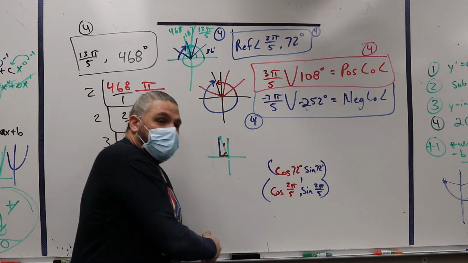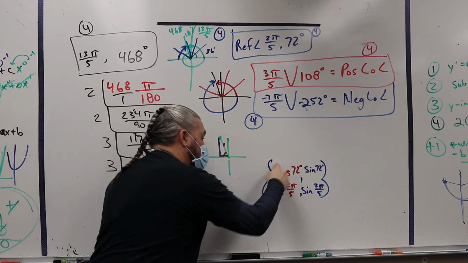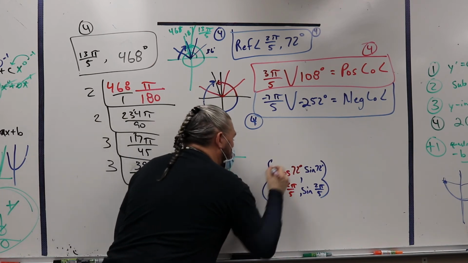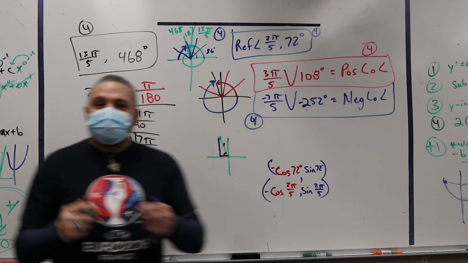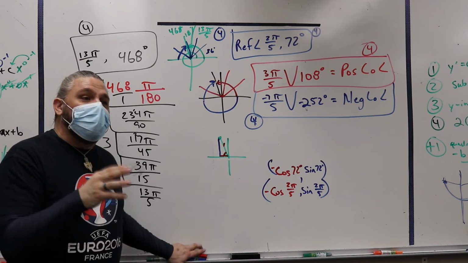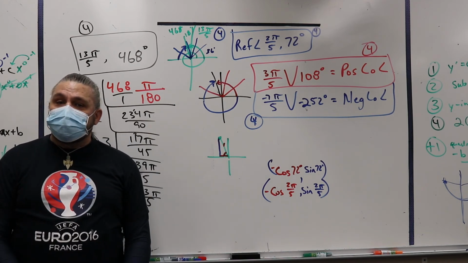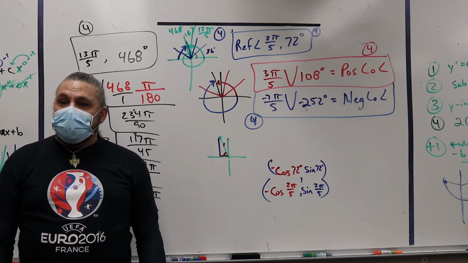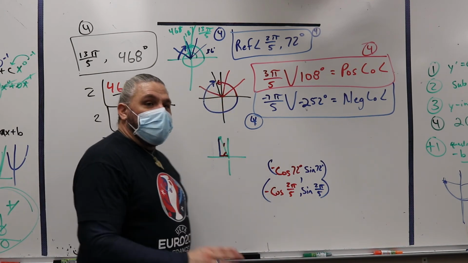But because it's up here, the cosine is negative, but the sine is positive. Does that make sense? That's how you figure out whether you have a negative or a positive coordinate. Paul.